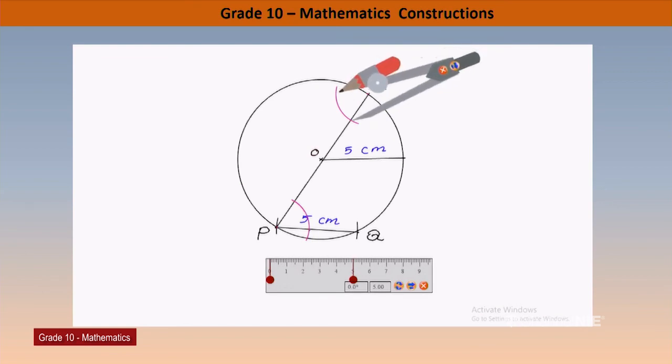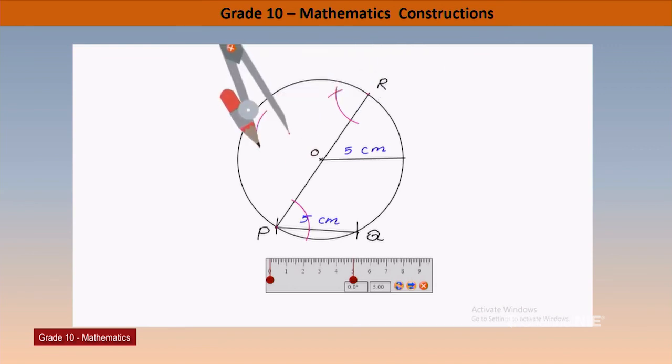Keep the steel point on the new point. Construct an arc to intersect that arc. Here we found the same angle on R.